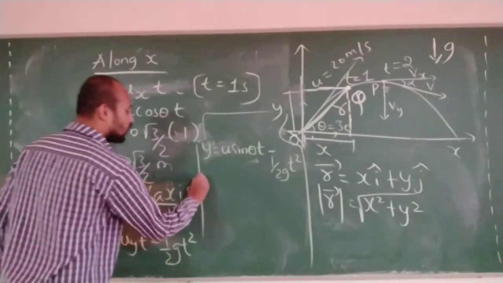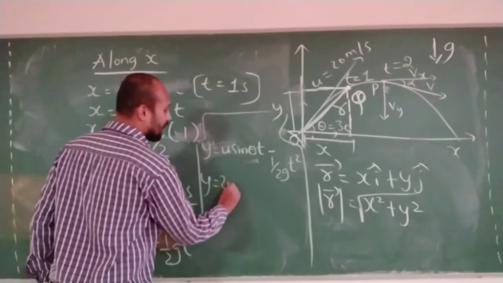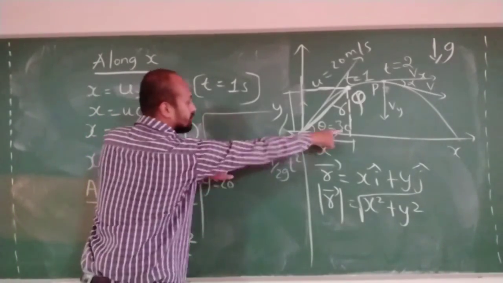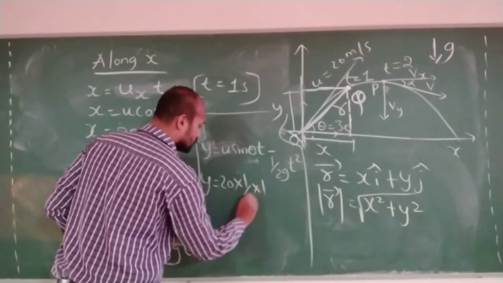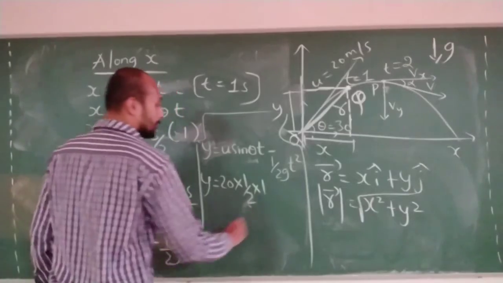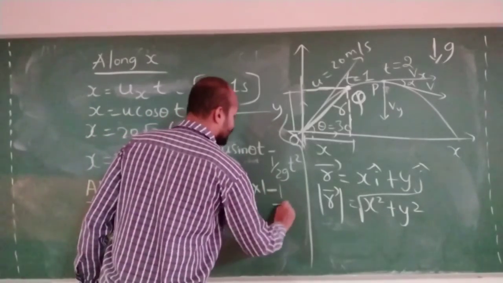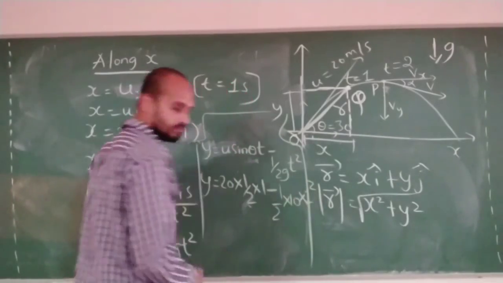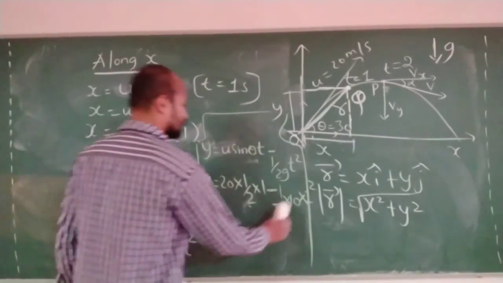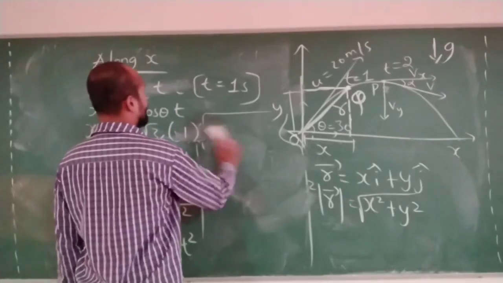What is the value? Y is equal to u, which is 20, sin 30 is 1 by 2, into 1 minus half into 10 into 1 square.